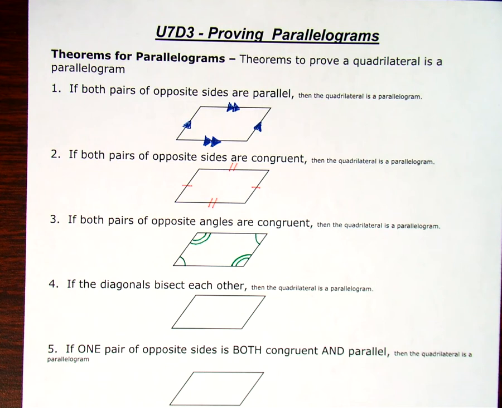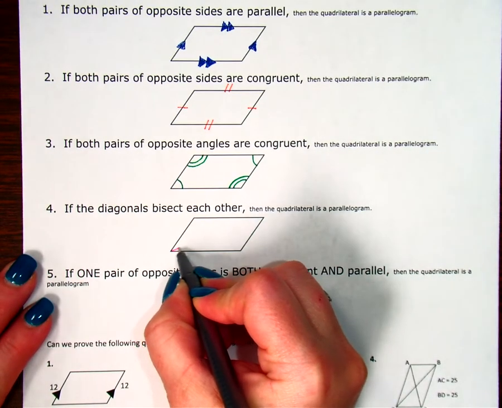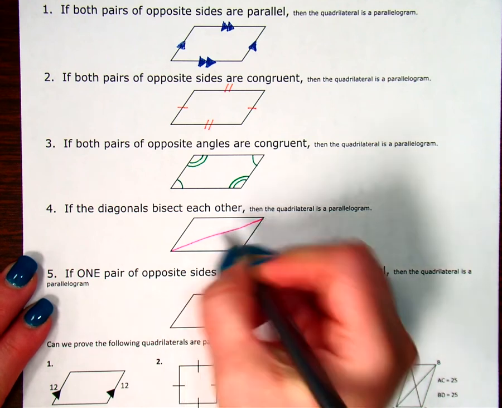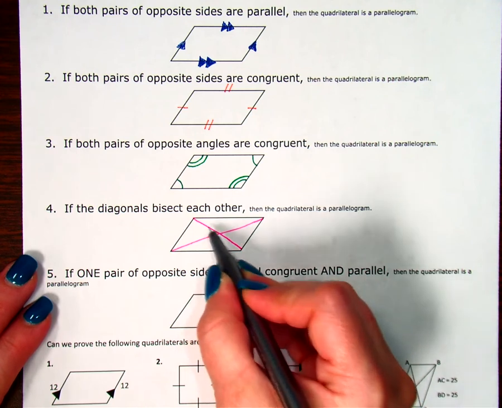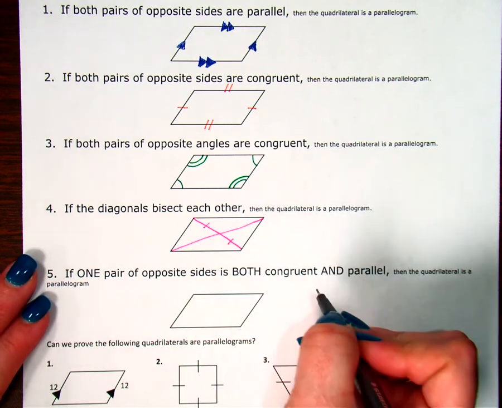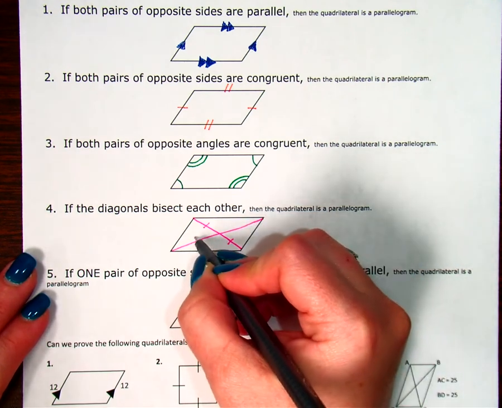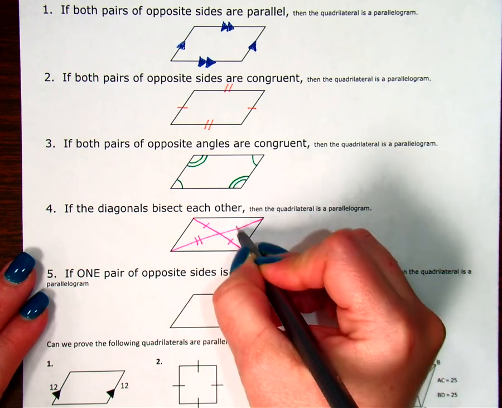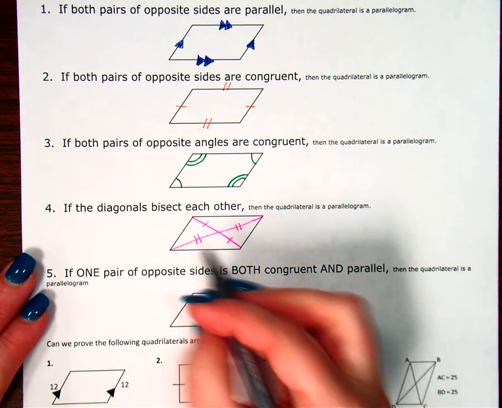Okay? All right, and then number 4, diagonals bisect each other. So remember what that's going to look like is you'll have your diagonals drawn in. And remember, that doesn't mean we end up with 4 equal parts. That means this downward sloping diagonal is cut into 2 equal parts, and this upward positive sloping diagonal is cut into 2 possibly, most likely, different equal parts.